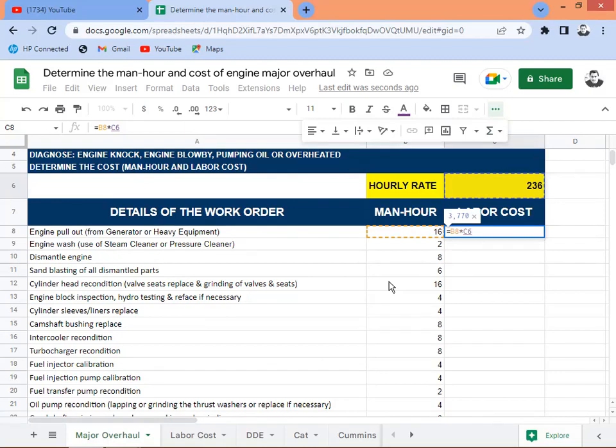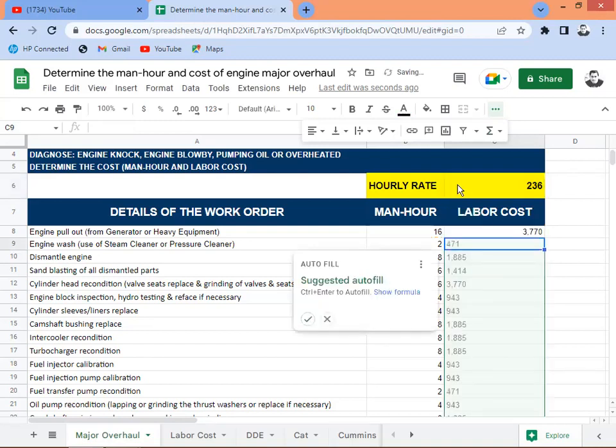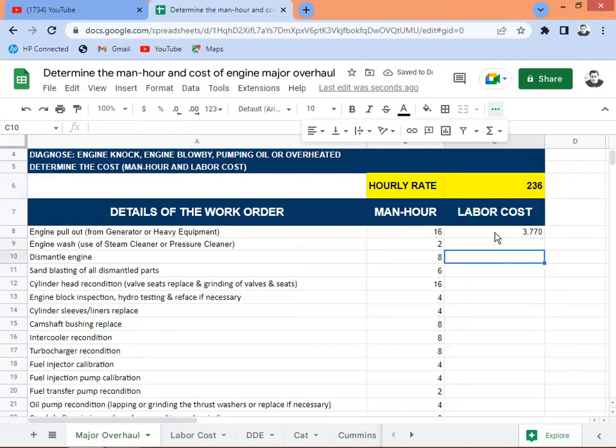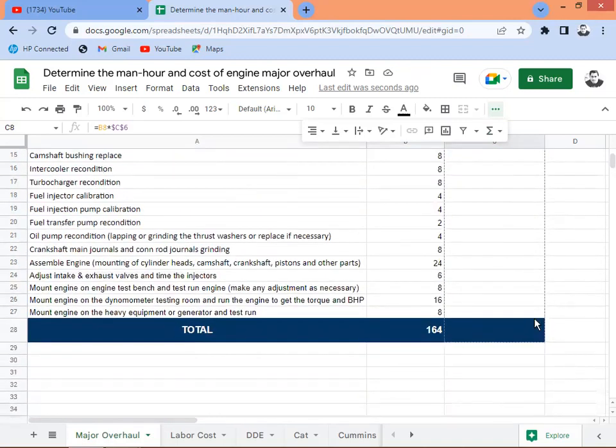So we're going to press F4 for the absolute cell reference, then enter. That way we'll be able to copy it all the way down so that we know the total cost.